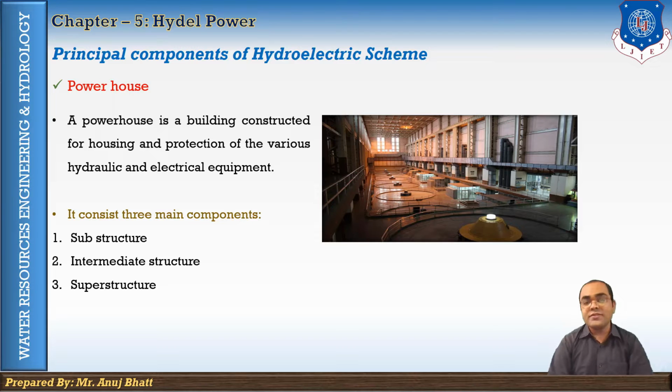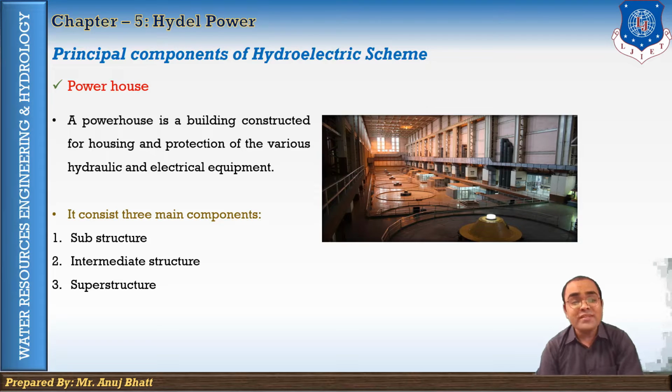The next is the superstructure, the main building of the powerhouse, which is constructed above the generator floor. It houses the generators, exciters, and other operating equipments, while vertical shaft turbines are placed immediately below the generators. So these are all in the superstructure. The powerhouse mainly consists of these three components: substructure, intermediate structure, and superstructure.